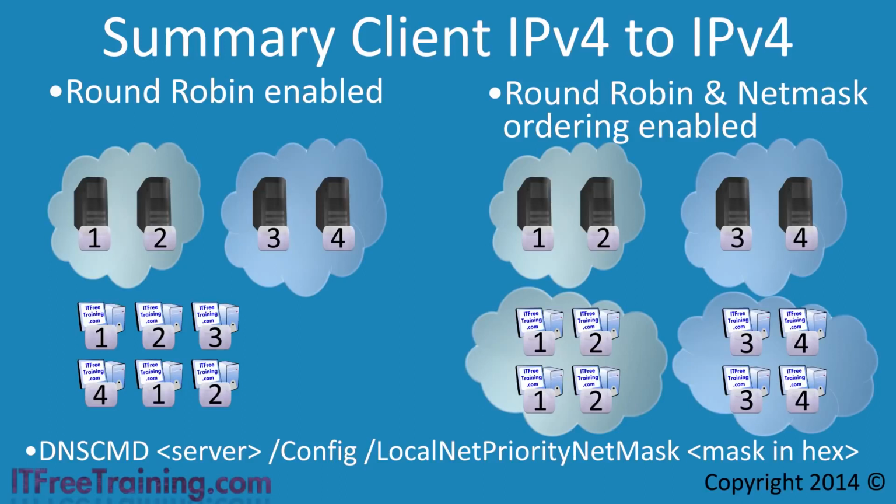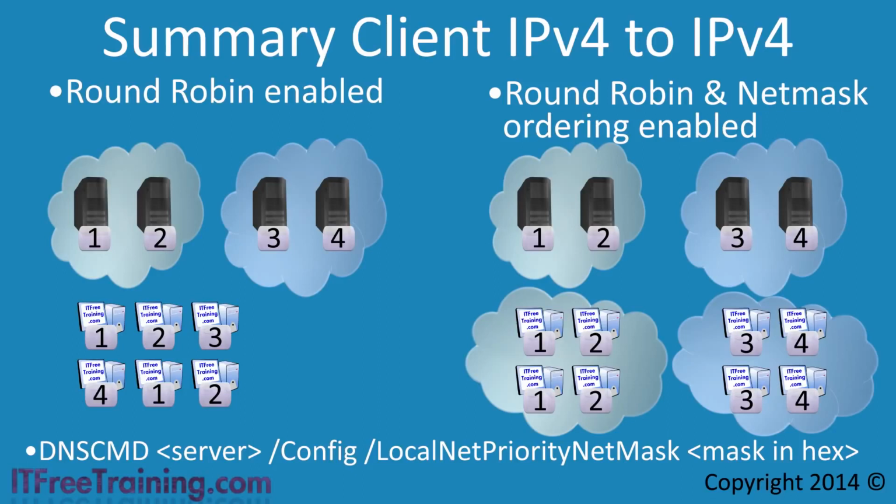If Round Robin and Netmask Ordering are enabled, which is the default for DNS server, the DNS server will return a DNS record on the same network as the client when one exists. If multiple DNS records exist for the same network, they will be cycled through.